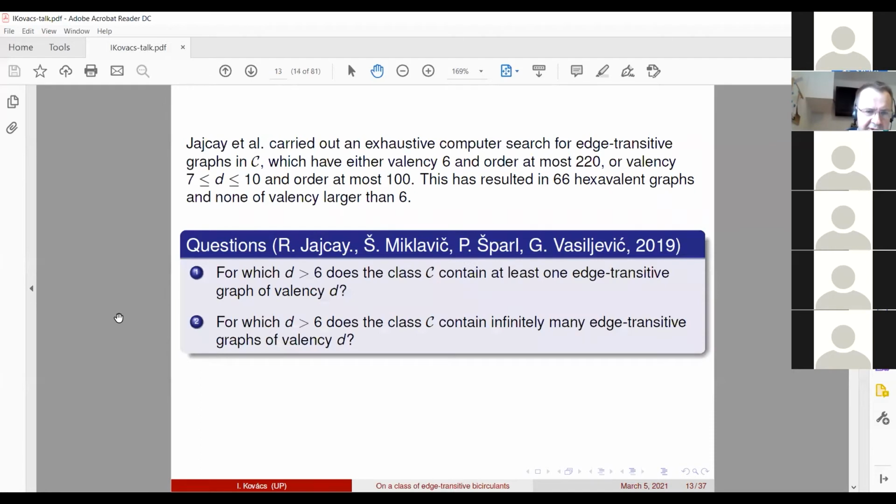And they posed 2 questions in the paper. The first question was, for which D larger than 6 does the class contain at least 1 H-transitive graph of valency D, and for which D does the class C contain infinitely many H-transitive graphs of valency D.